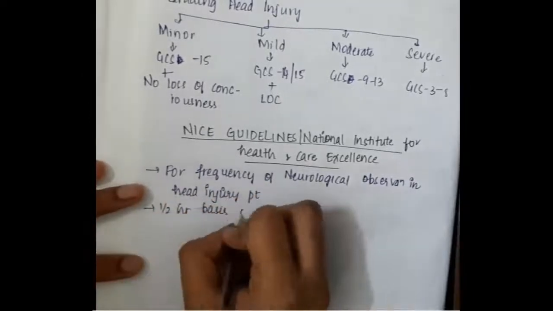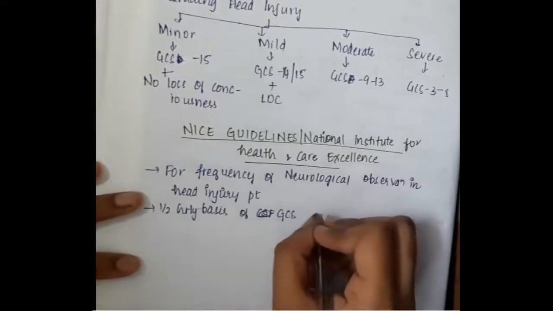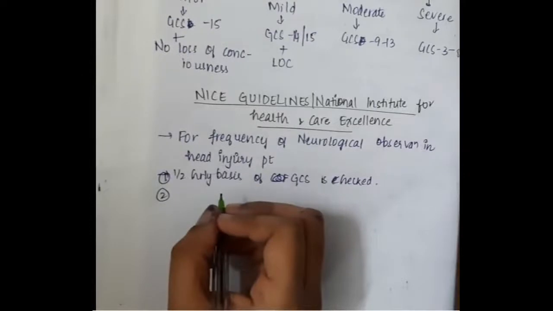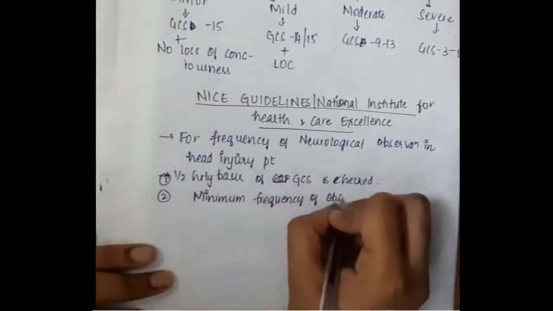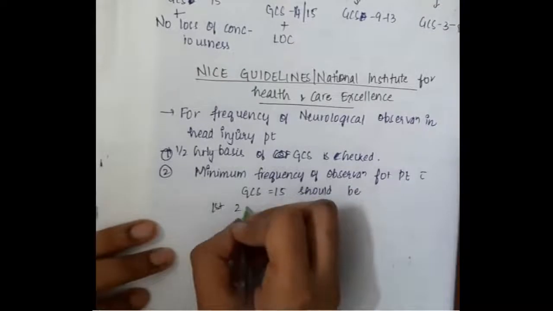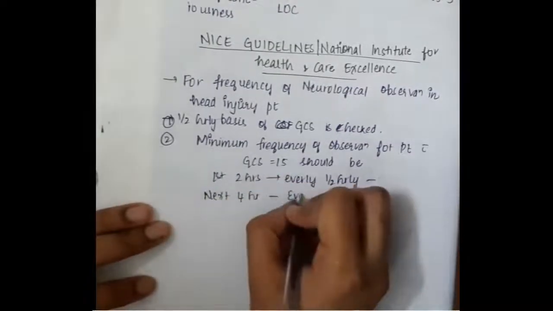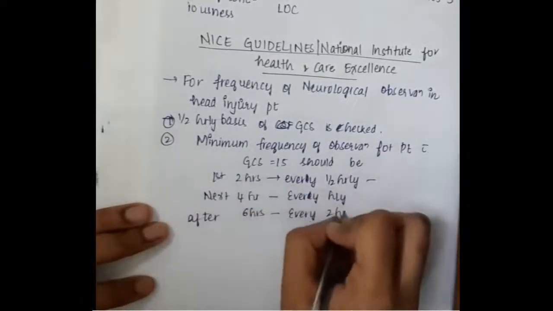According to NICE guidelines, GCS should be checked every half an hour, and the minimum frequency of observation depends upon the GCS. For a patient with GCS 15, for the first 2 hours you examine every half hour, then for the next 4 hours every hour, and for the next 6 hours every 2 hours.